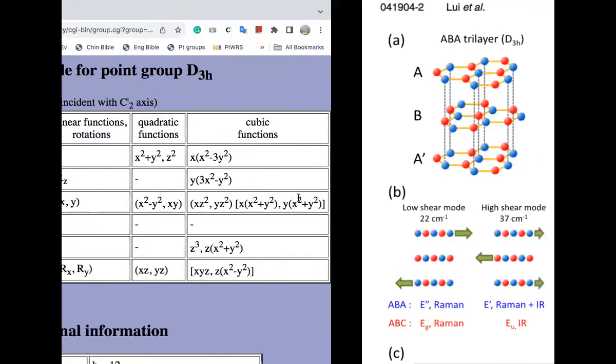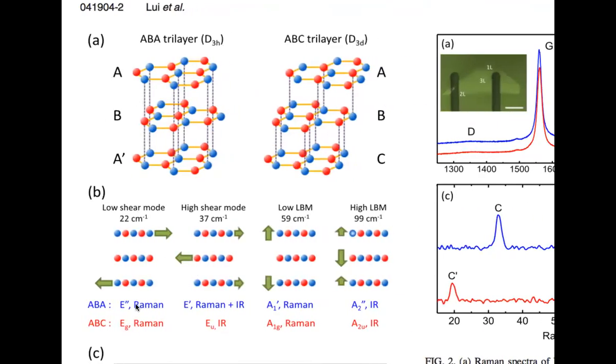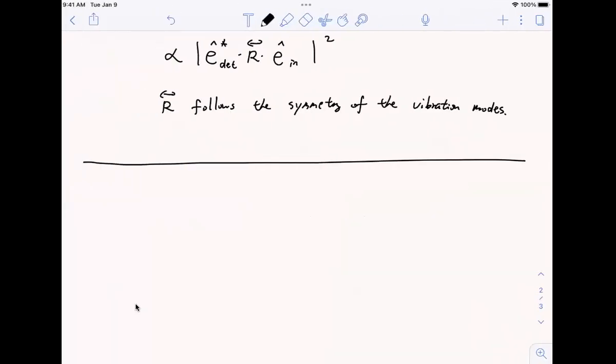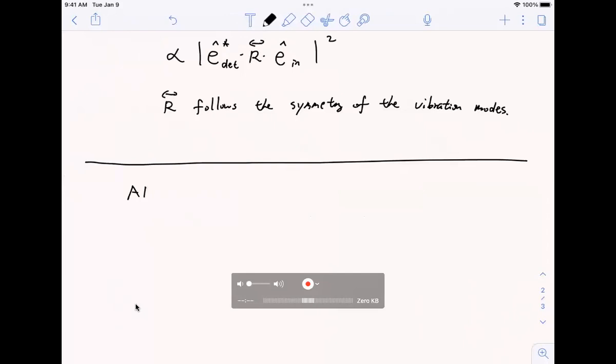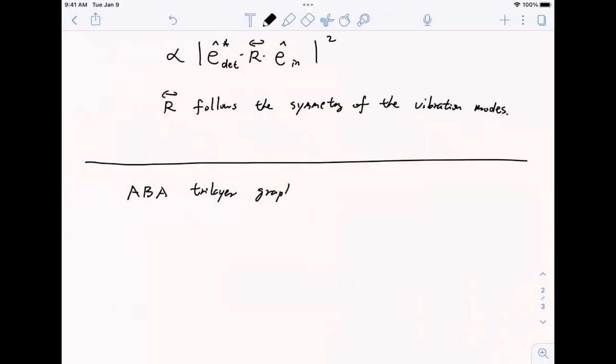So let's consider the shear mode. Let's write it down: ABA trilayer graphene, and then the group is D3H.